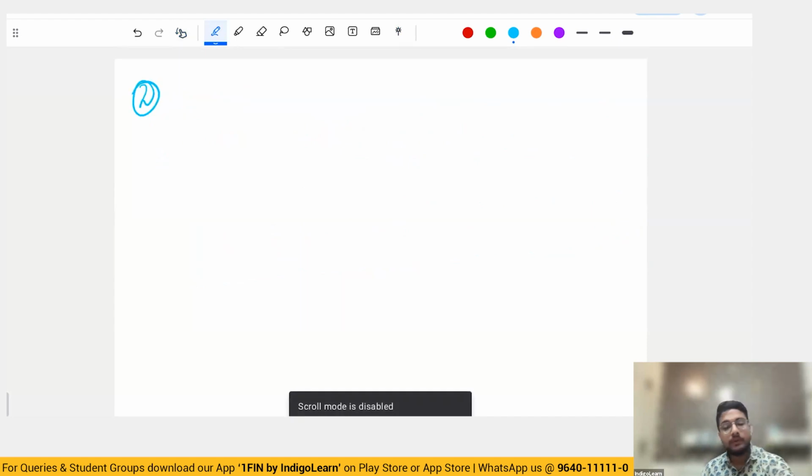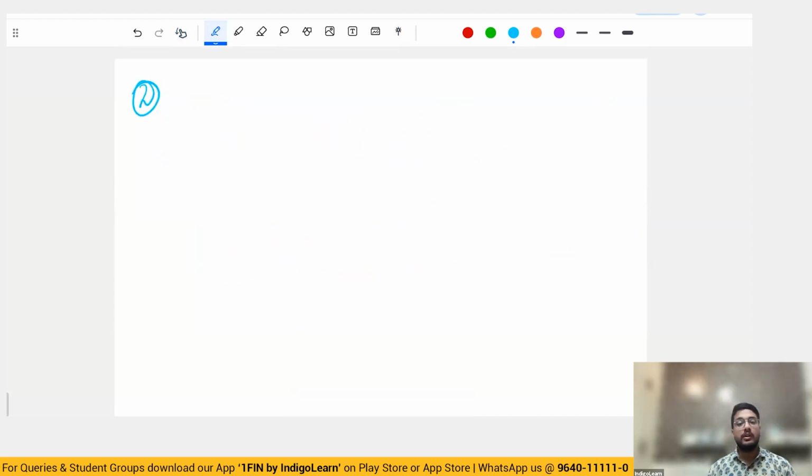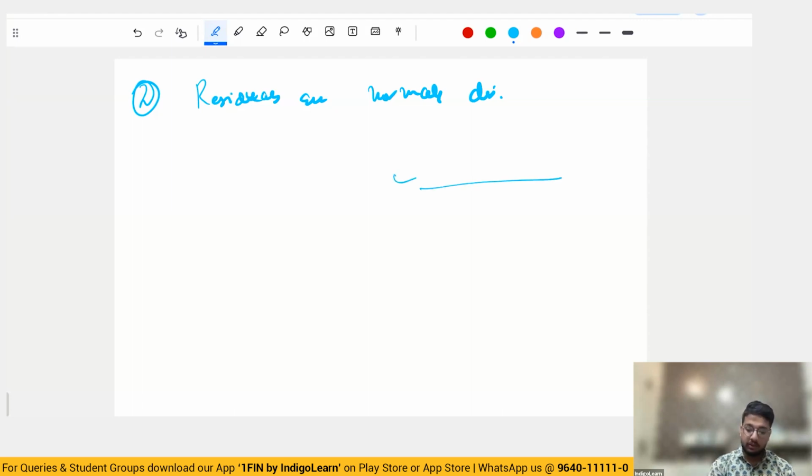Now, what is the second assumption which is given over here? That all the residuals are normally distributed. All the residuals fall in this normal bell-shaped curve.